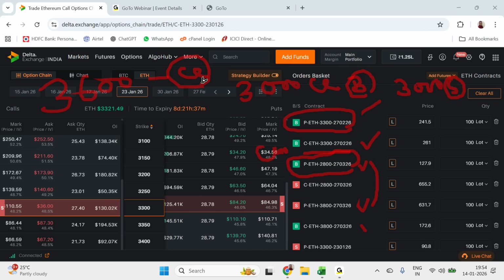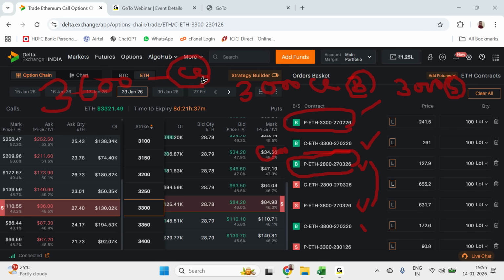Means on 27th you book the losses and again sell the same strike of the higher expiry. But the put option you have, the 3300 put option, will completely go out of your things, and you have to implement a new strategy at 3600 put. So you are distributing two profits, you are capped, and again you are moving to a new strike halfway to earn theta progressively. Say after these events, it has gone above 3800.